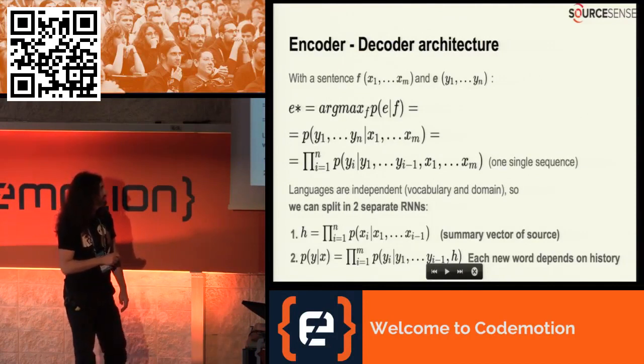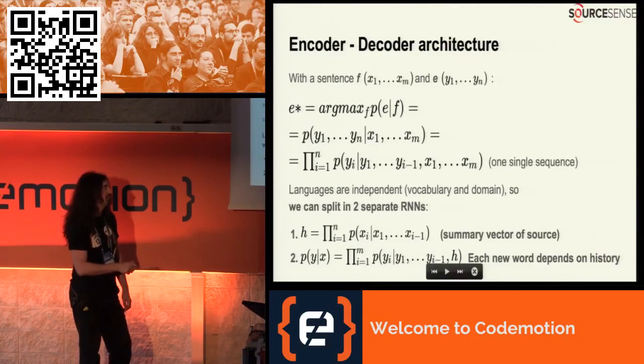This means that at a certain stage, we will be computing the probability of having these next words outputted, given the fact that we have seen this history of words in the target language of outputs, given the fact also that we started with a foreign sentence.